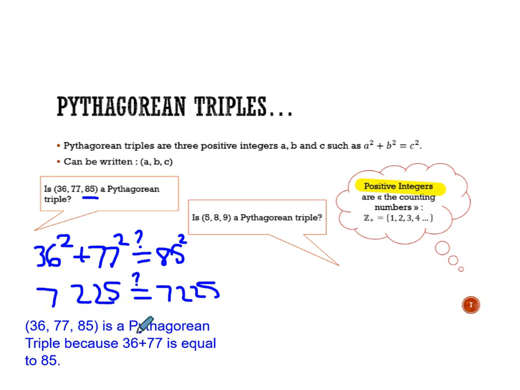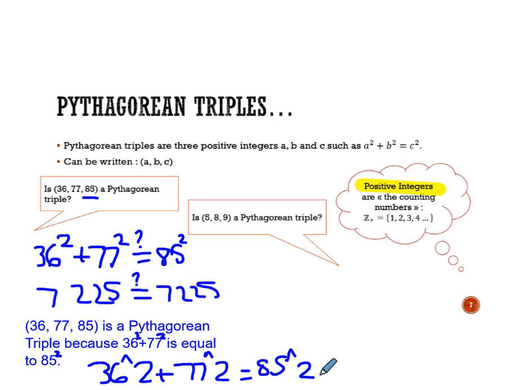So 36 squared plus 77 squared is equal to 85 squared. Or we could write 36 exponent 2 plus 77 exponent 2 is equal to 85 exponent 2. That's another way of writing it. Online, that's what we're going to use sometimes when we want to say square.